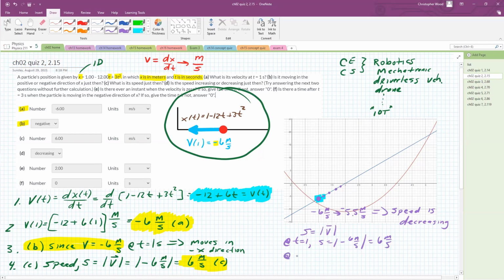At t equals, just making up a number, 1.5 seconds, speed equals the absolute value at 1.5 seconds. It looks like I'm maybe about here, -2.5 meters per second. The absolute value of -2.5 meters per second is 2.5 meters per second. So that's why I'm saying, as I go from this value at t equals 1 to any value beyond, whatever is happening in the next moment of time, I know my speed is decreasing.